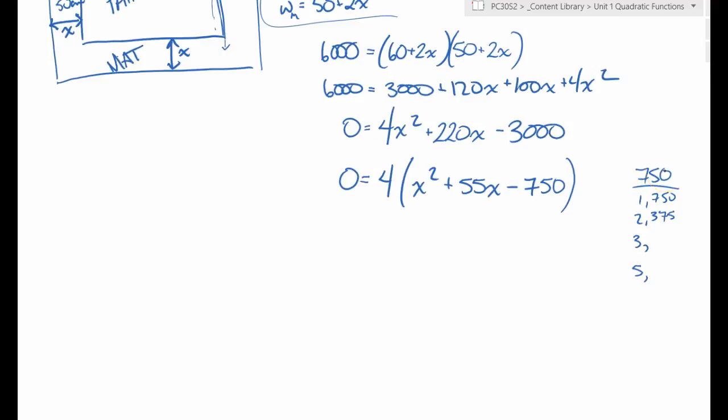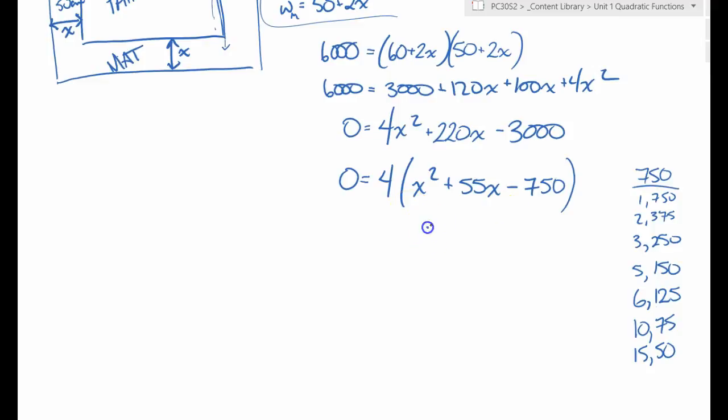So we're going to try and figure this out. Take a second if you want. I'm going to pause my recording so I can write out my factor pairs. So I've got my factors here and I'm having a hard time seeing how I'm going to make this 55 show up. So instead what I'm going to do is use my quadratic formula.